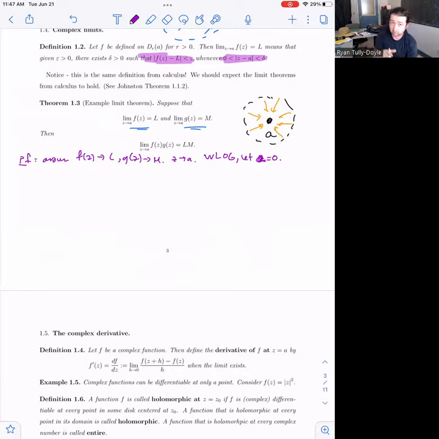The argument will still work with the a in it. I encourage you to do that on your own. It's a frequent theme in complex analytic proofs to prove them for a equal to 0, and then just state that this argument actually works with the a's inside, but the algebra is worse. Okay. So now let epsilon greater than 0 be given.